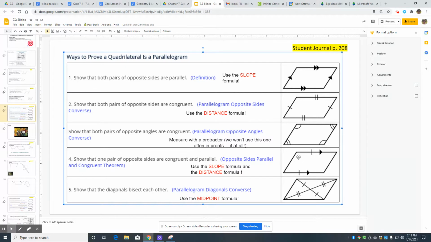The fourth way, if we know that one pair of opposite sides is parallel and congruent, then we know the quadrilateral is a parallelogram. And then lastly, if we know that the diagonals bisect each other, if they cut each other in half into two congruent pieces, then we know it's a parallelogram.